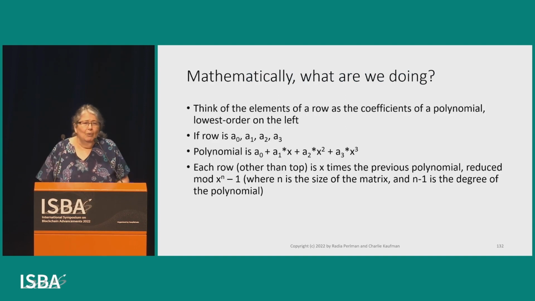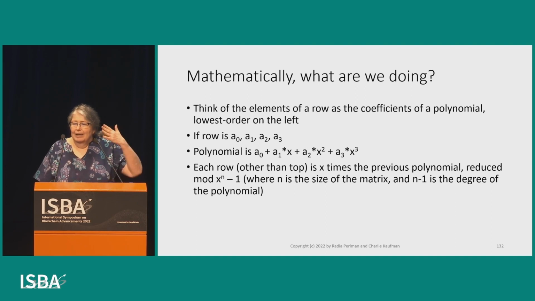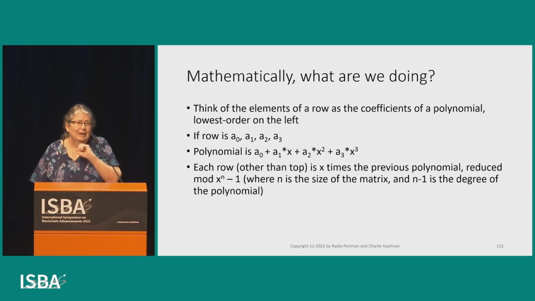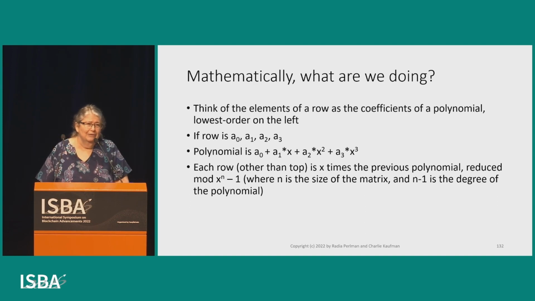And what we're doing here mathematically is, if you think of the top row as a polynomial where each of the elements in the row is a coefficient of one of the terms of the polynomial.